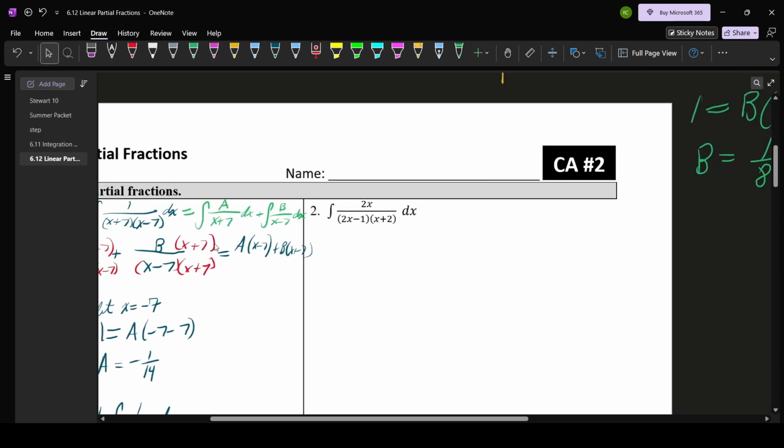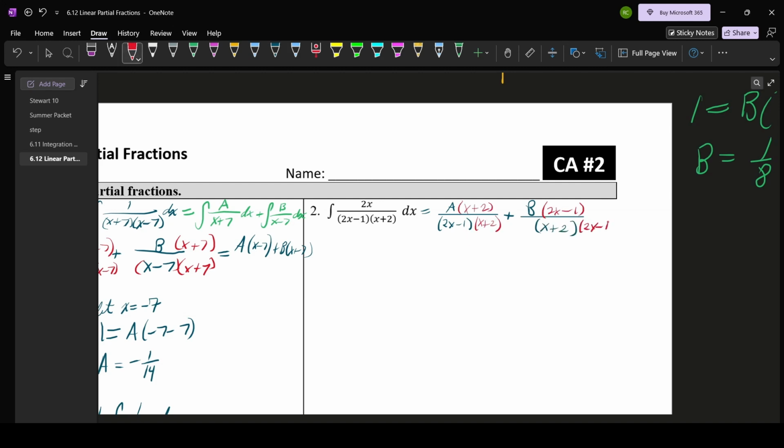Okay, let's tackle number 2. Again, just to save on writing, I'm going to jump straight into the partial fraction decomposition here. Okay, again, because our denominators are the same, we can now set 2x equal to this stuff up here, a times x plus 2 plus b times 2x minus 1.